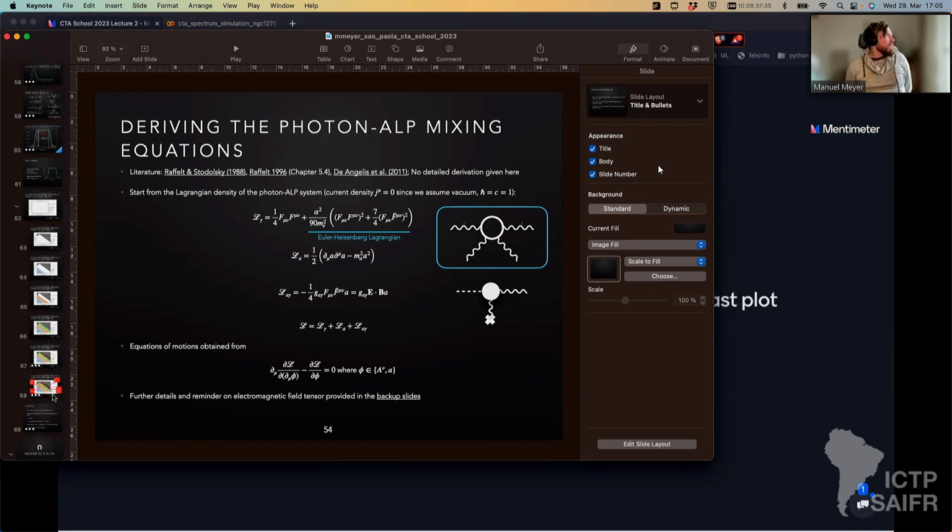Usually these magnetic fields, for example if you think of galaxy clusters, the length scales involved are so large that we don't think these magnetic fields will change over the time span of an observation. So usually what we do is the other way around.